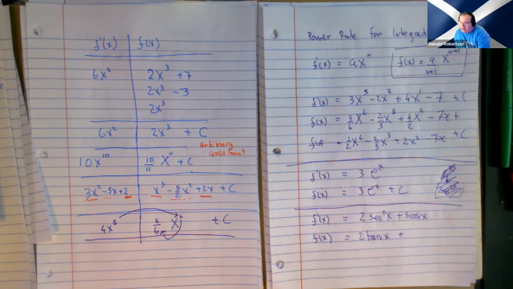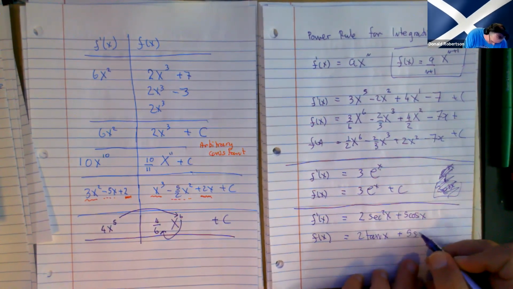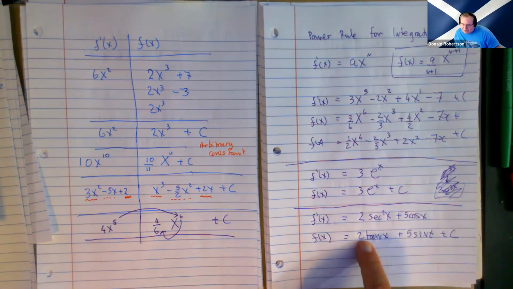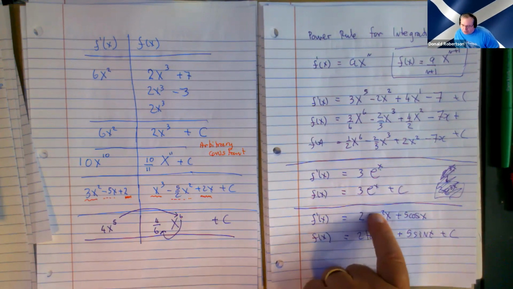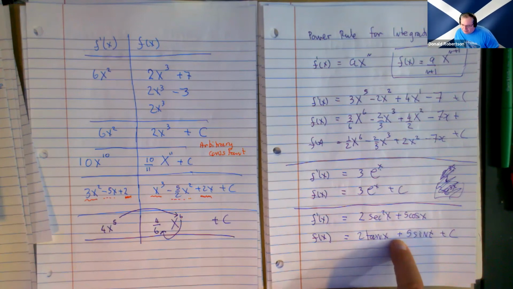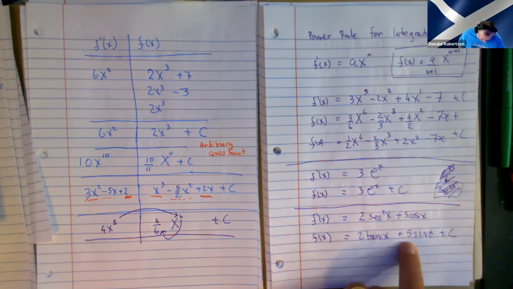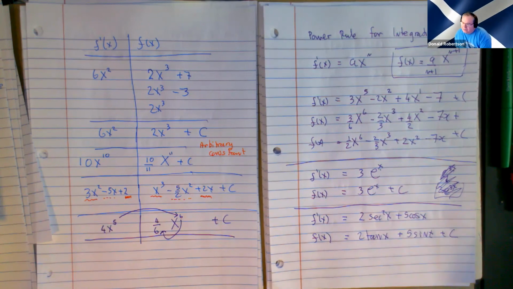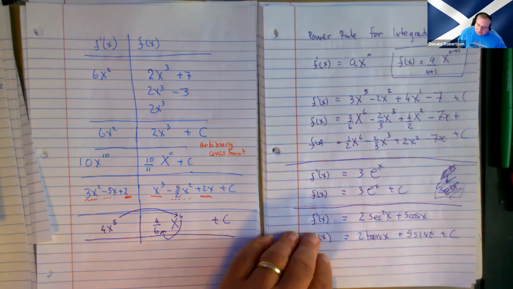What function has a derivative of cosine? Sine. Now, shouldn't I check it? If you differentiate 2 tan, do you get 2 secant squared? Yep. If I differentiate 5 sine x, don't you get 5 cosine x? Agree? So I know it's right.